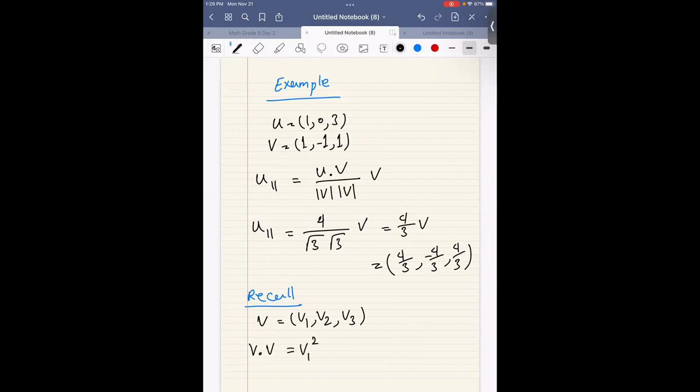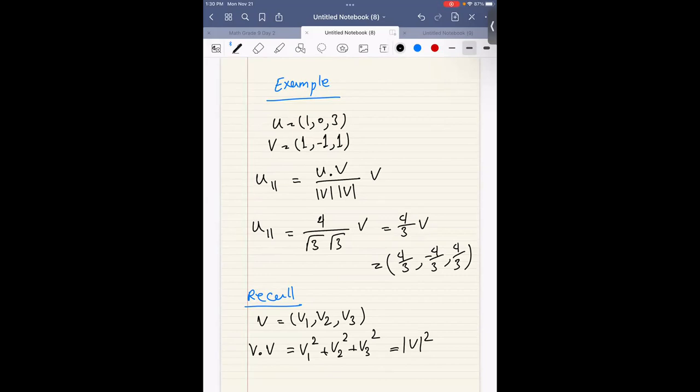It is v1 squared plus v2 squared plus v3 squared. But this is nothing but magnitude of v squared. So the important lesson here is that for any vector v, the dot product of v with itself is the square of the magnitude. Okay.